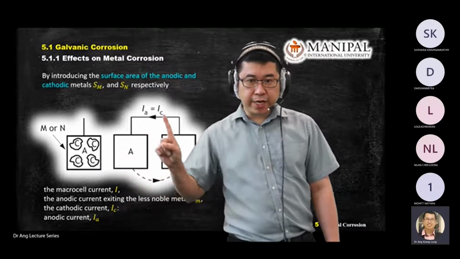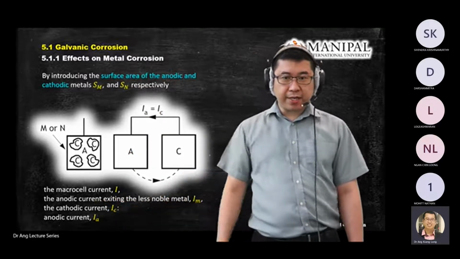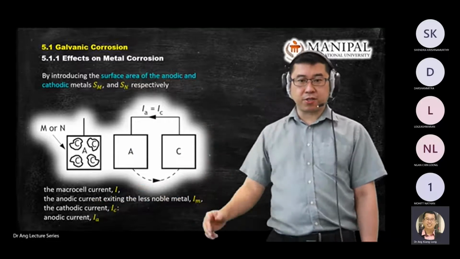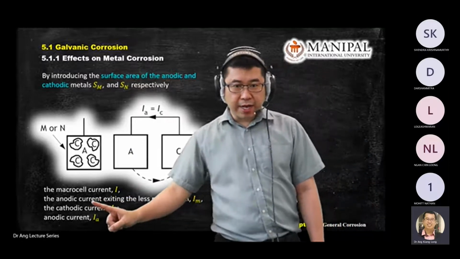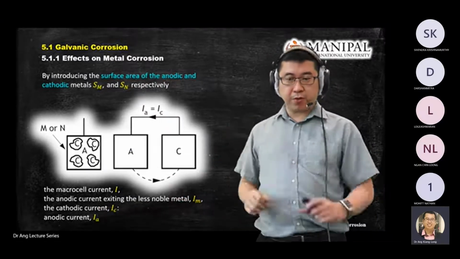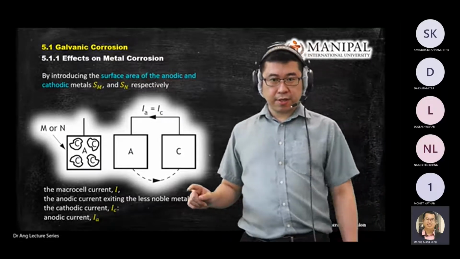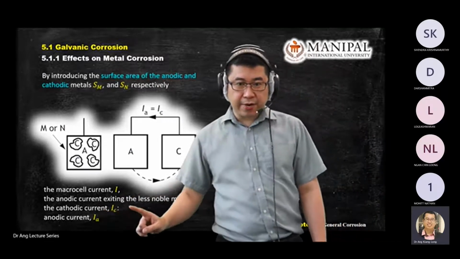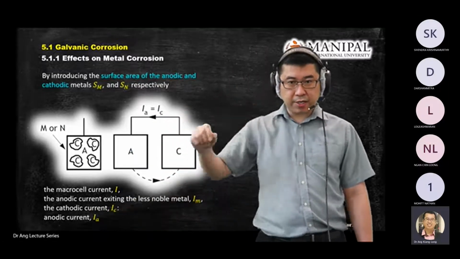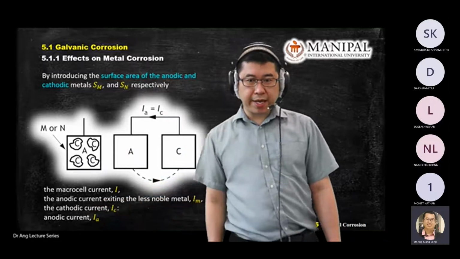As you can see here, when you connect the two metals, you have the microcell current I, later we look at this term, which is the total current inside the system. And you have IM. IM is the less noble metal, the anode. And you have a cathodic current. Later we look at one more term here, cathodic current IC and anodic current IA.